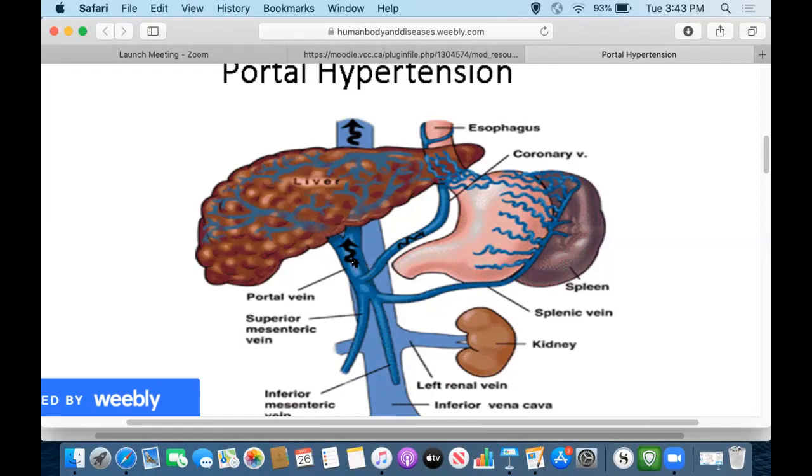It can cause hydrostatic pressure, which is increased pressure against the vessel walls, causes fluid to seep out into tissues, and in this case, the tissues of the abdomen become filled with this water portion of blood that's being pushed out by hydrostatic pressure, and you get what's called ascites. Let's take a look at a picture of that one.